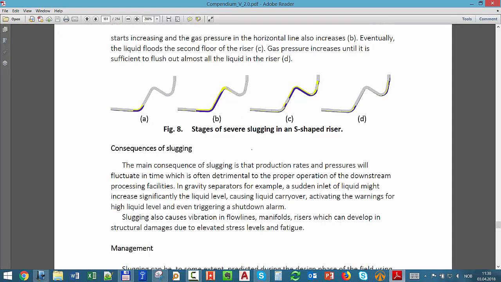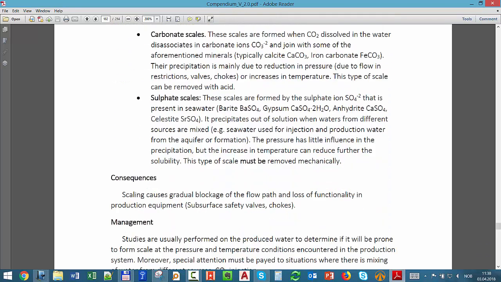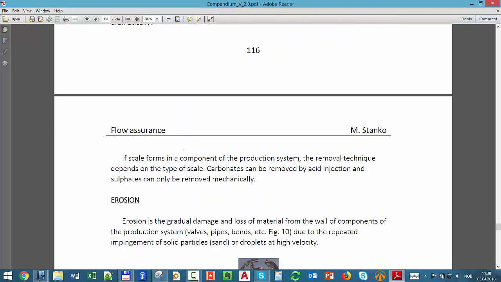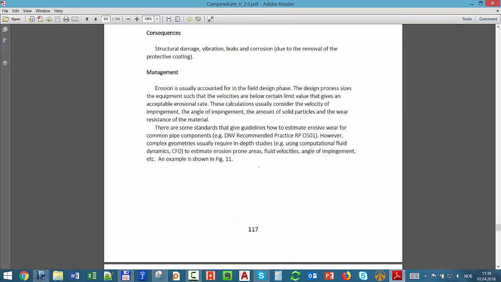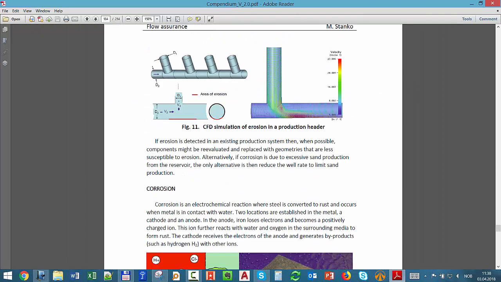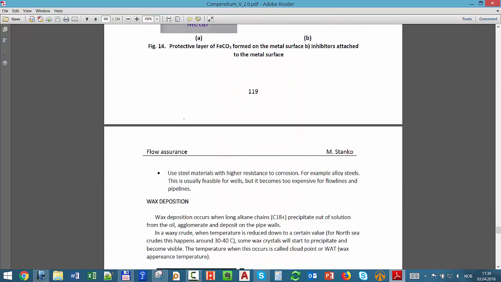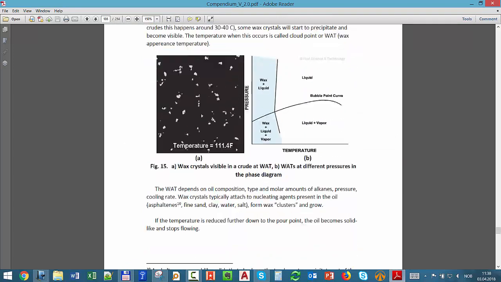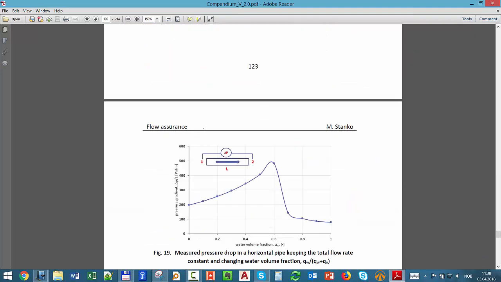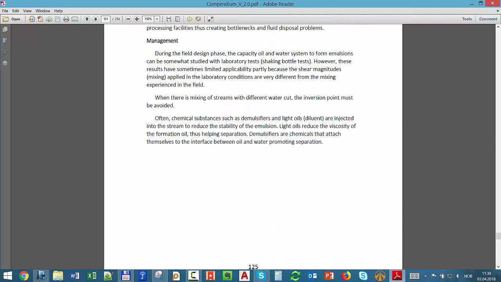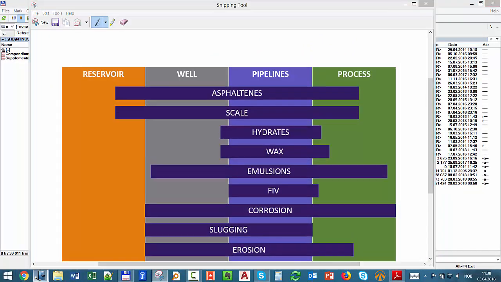It's called severe slugging. The scale, the types that we have, how do we treat them? Erosion, what erosion can do on a choke, can really damage the functionality of a choke. Corrosion and wax. You are actually doing an exercise on wax, and here is what we already discussed on emulsion. Okay, so keep that in mind.